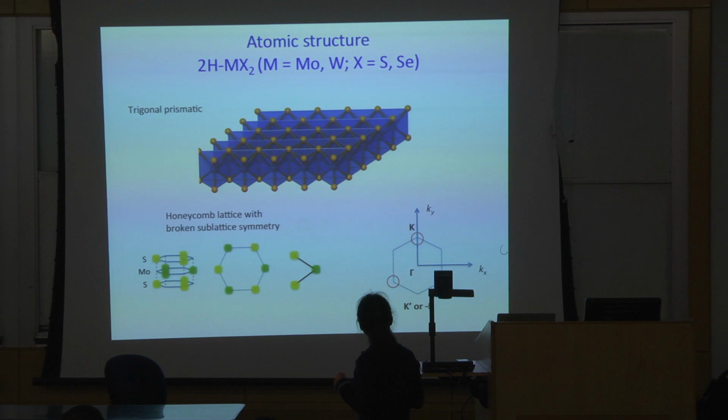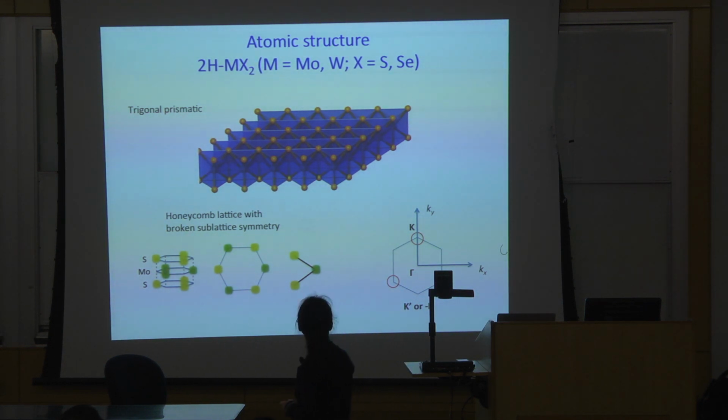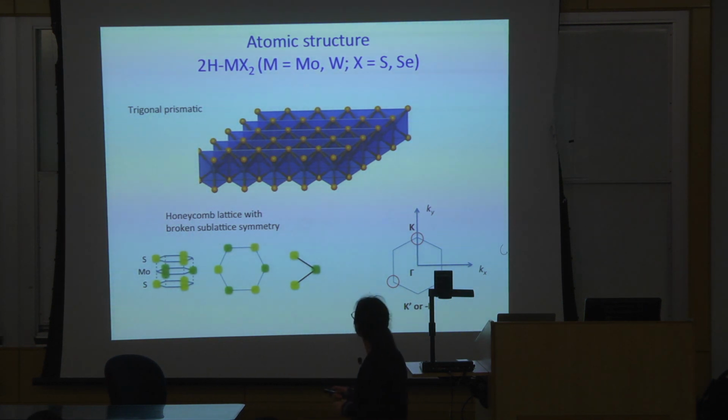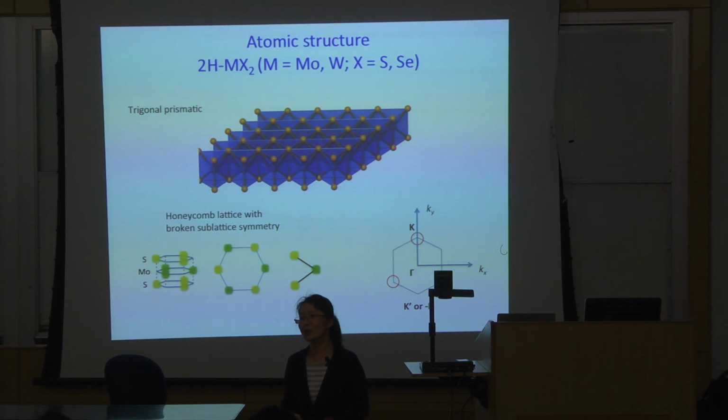It turns out that this class of material, which we now call two-dimensional transition metal dichalcogenides, such as molybdenum sulfide, does have this degree of freedom.